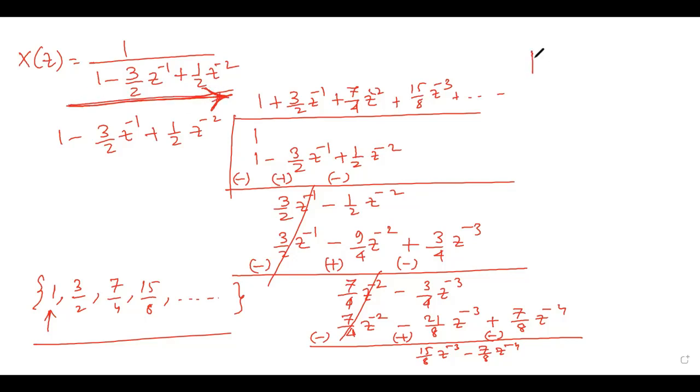If you want to express it as a right hand signal, you write the divisor in such a manner that the power of z is decreasing, and if you want to write it as a left hand side signal, you write the divisor in such a manner that its power is increasing. That means first z to the power minus 2, then z to the power minus 1, then 1.